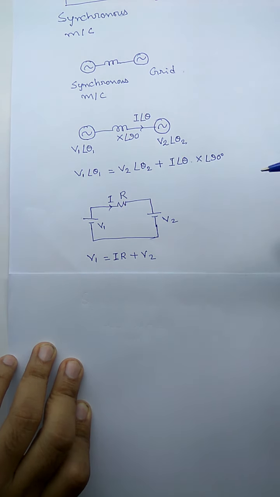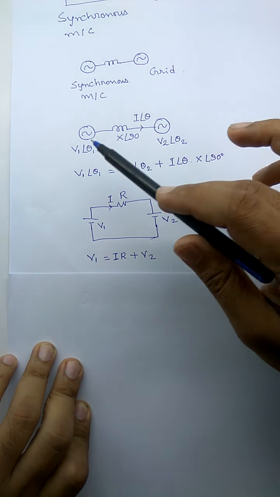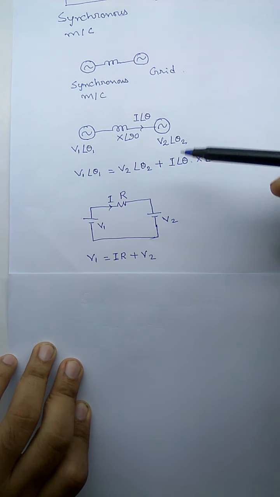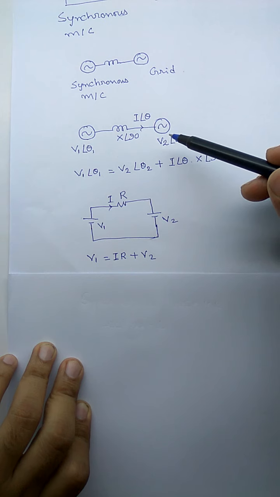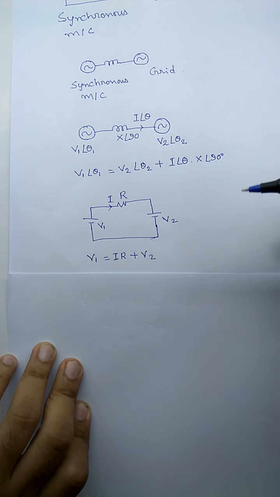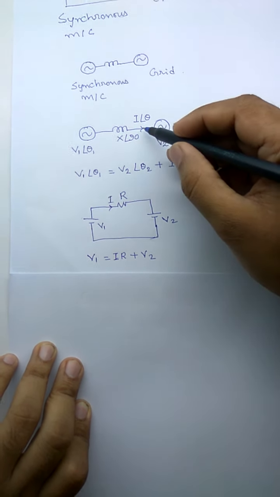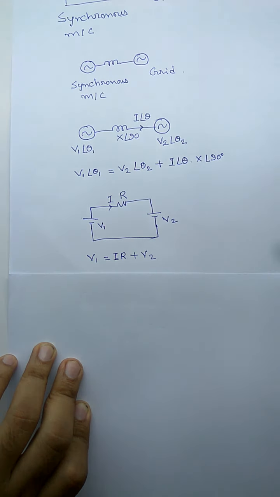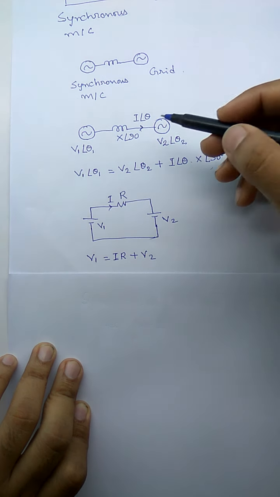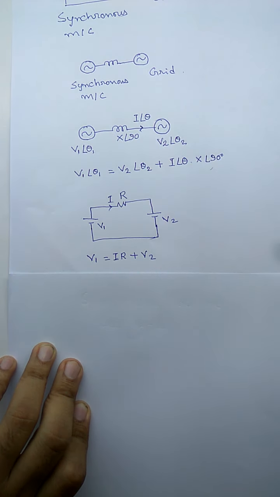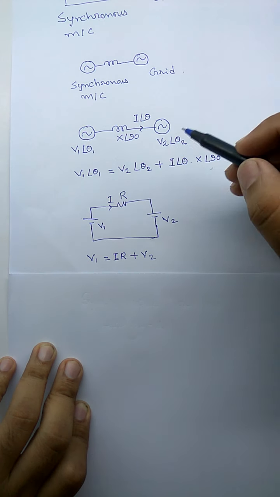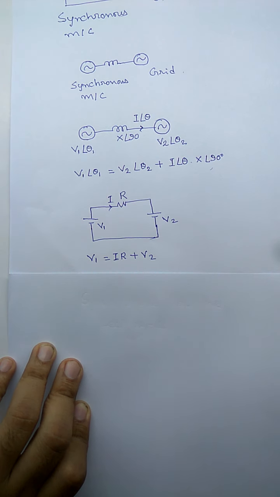That is, say for positive polarity, if it flows from V1 to V2, then for negative polarity it will flow from V2 to V1. Now for writing a KVL we have to give a direction. Unless this direction is given, we cannot write this KVL. Now the question is how we will give this direction. It cannot be based on current because in AC circuits the current alternates.